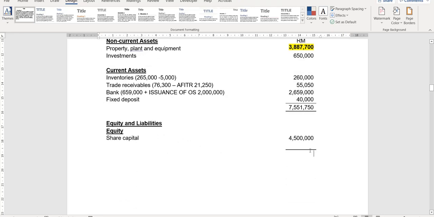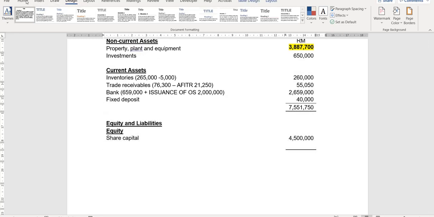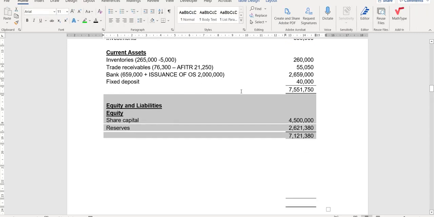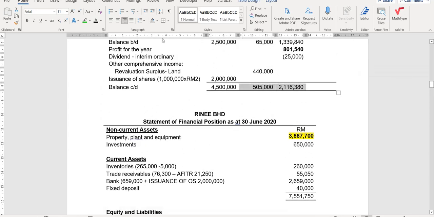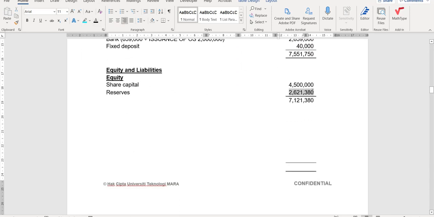So you get the figure here to be reserve 2,621,380, which is these two figures here. Okay, I put blue there for you.